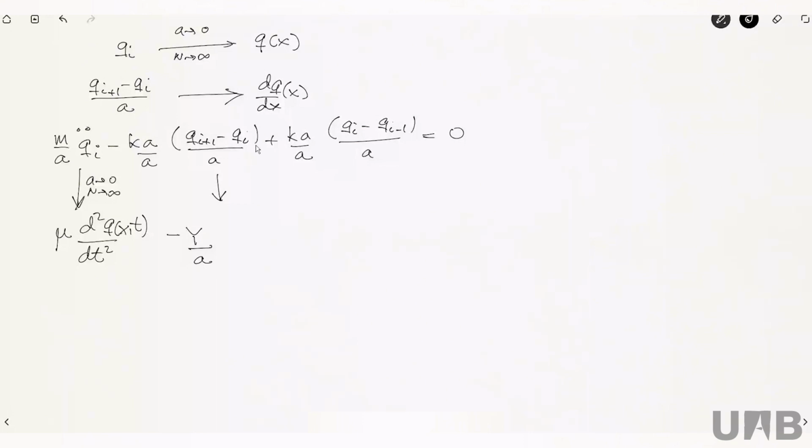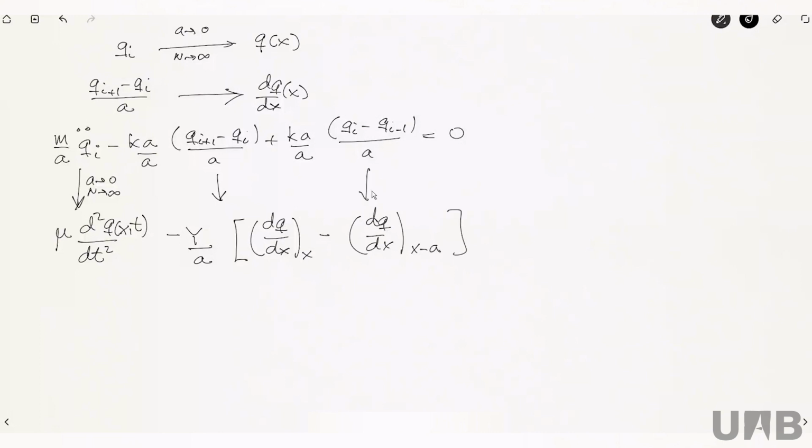And this is the derivative of q with respect to x, at the point x. And this is minus the same derivative of q with respect to x, but at the point x minus a.